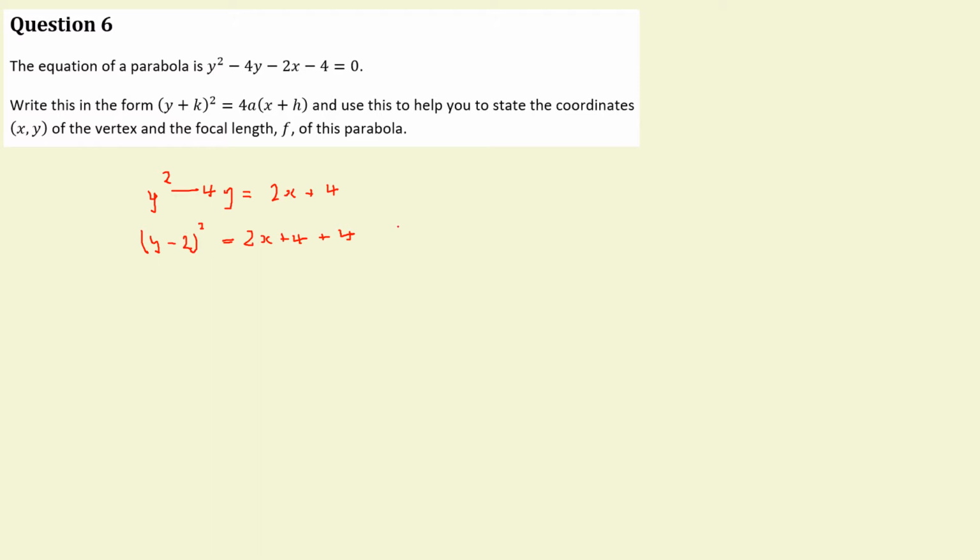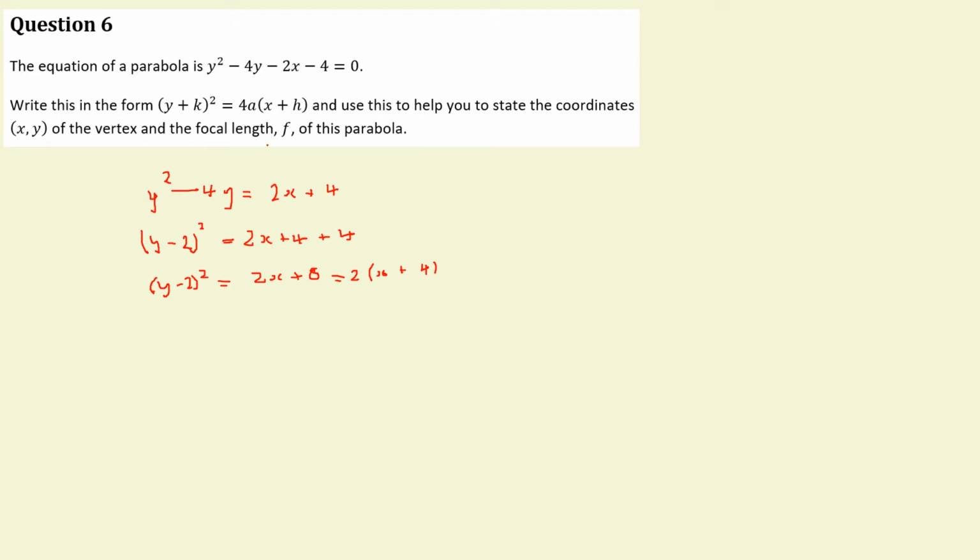That's giving me an extra 4. I need an extra 4 on the other side. So I've got y minus 2 squared. I've got my left-hand side sorted. But my right-hand side is 2x plus 8. I need to give it in the form that it said there. And obviously, factorizing it gives me 2 lots of x plus 4.